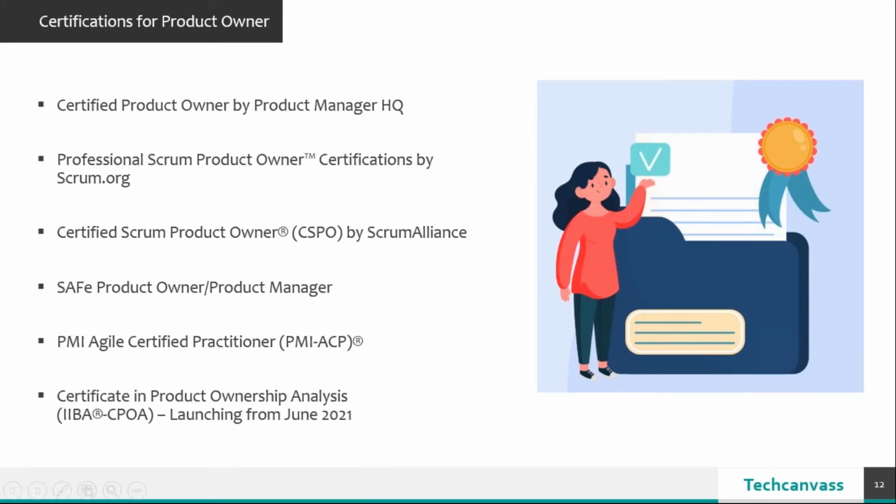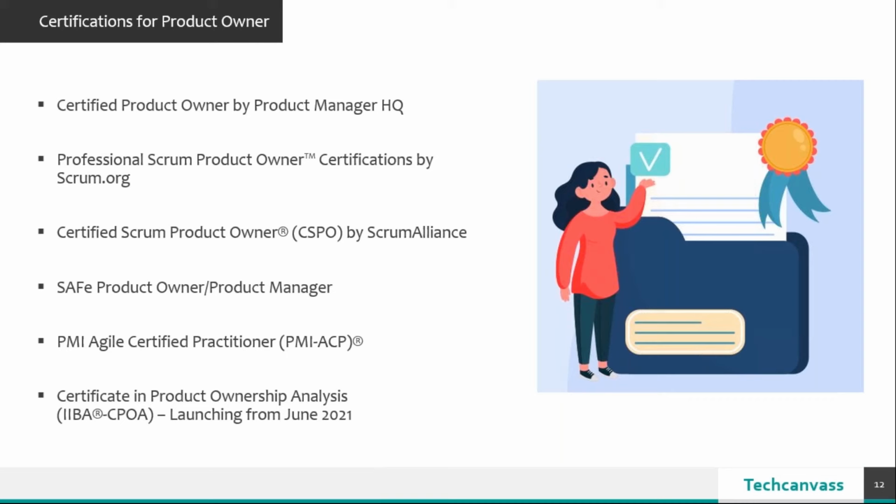You can also do the SAFe Product Owner, where SAFe is the Scaled Agile Framework. You can also get the PMI Agile Certified Practitioner. And this one is very new. It's going to be launched in June next month, which is a certificate in product ownership analysis by IIBA.